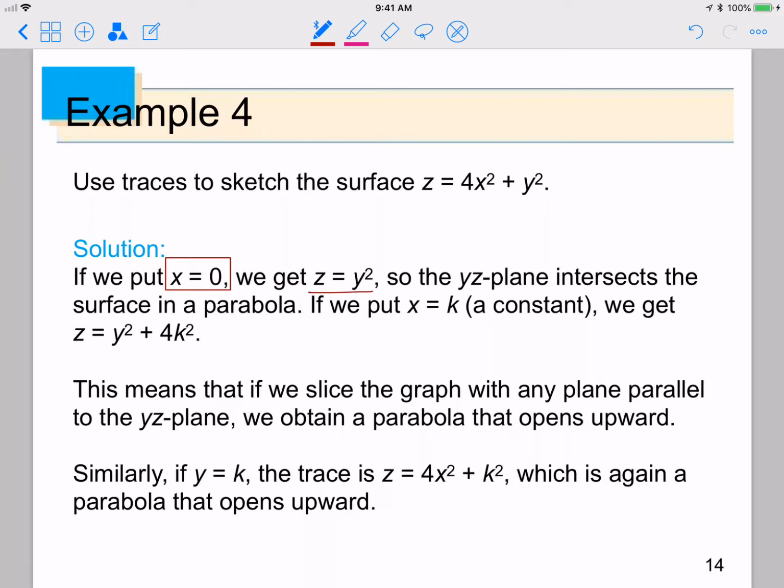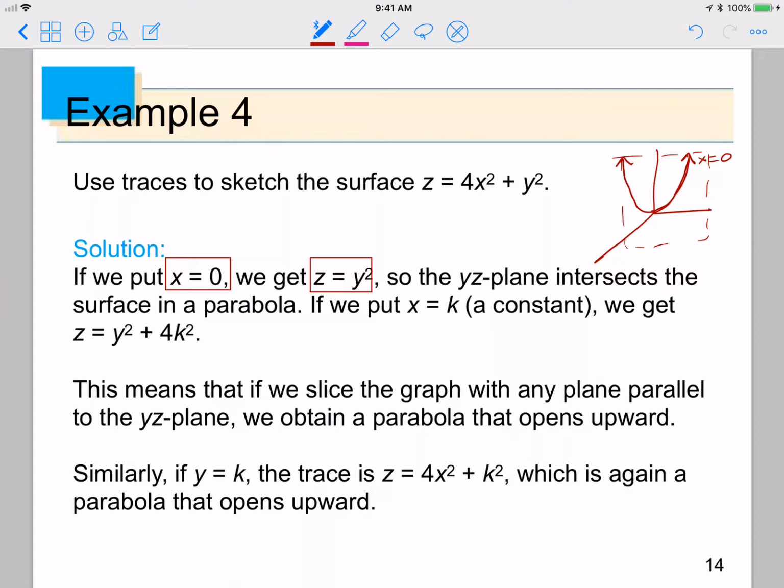Then we get z equals y squared. So for x equals 0, which is the same as the YZ plane, our cross section is a parabola.